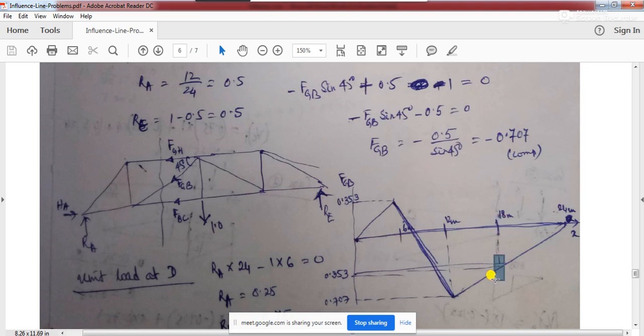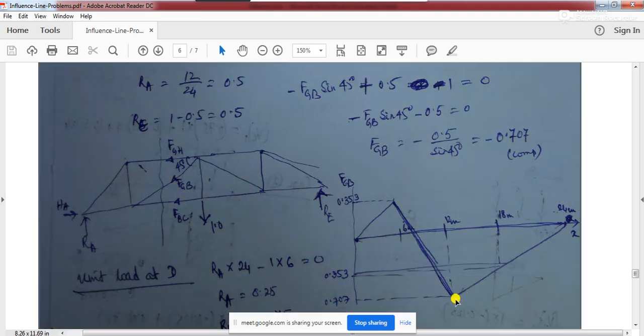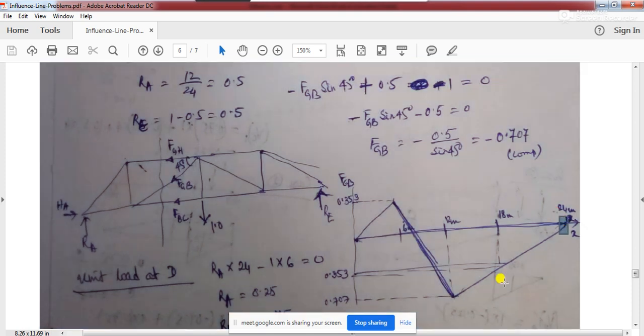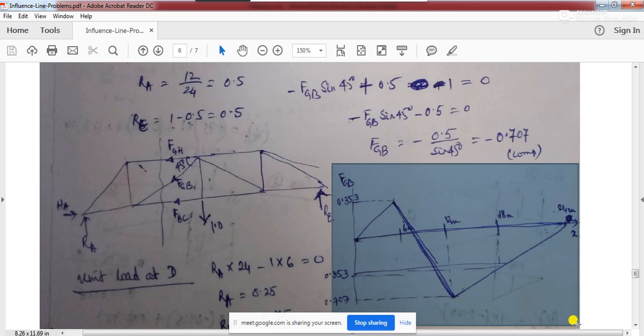Minus means this ordinate at 18 meter distance will be 0.353. Then you join, because at the 24 meter length it will again become 0, because the load will be just reaching the support. So you join it with a straight line, and thus you will be getting the influence line diagram for the member GB.